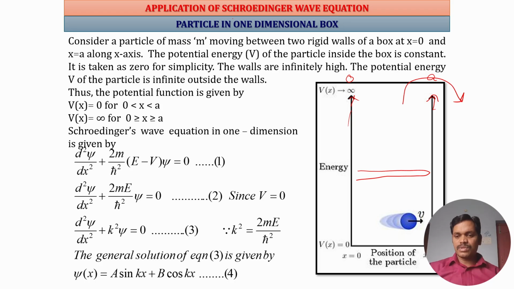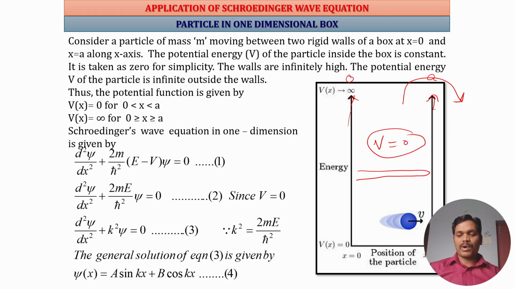It always moves within the box itself, and it undergoes only one-dimensional motion, but still it cannot come out. Inside the box, the particle is having a constant potential. For sake of simplicity, it is taken as 0.